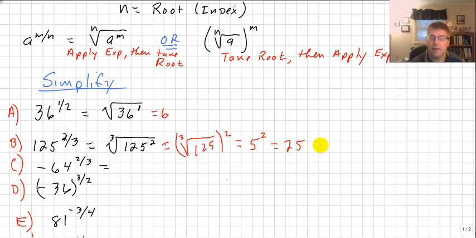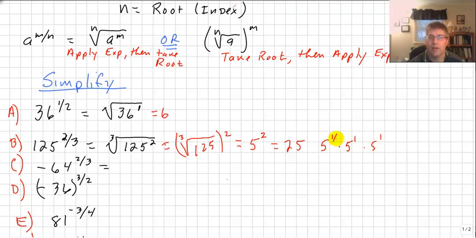If you think about it, that makes sense, because 125 is 5 to the first times 5 to the first times 5 to the first. Well, 5 to the first is 1/3 of the way, and 5 to the first times 5 to the first is 2/3, and then with the last 5, this is 3/3.